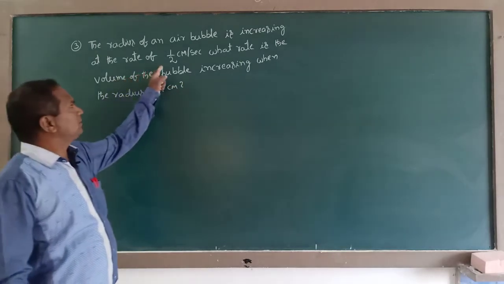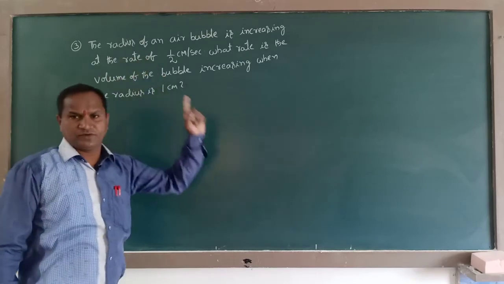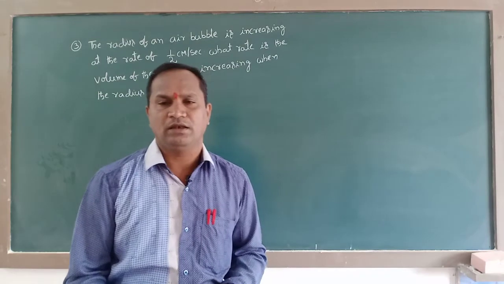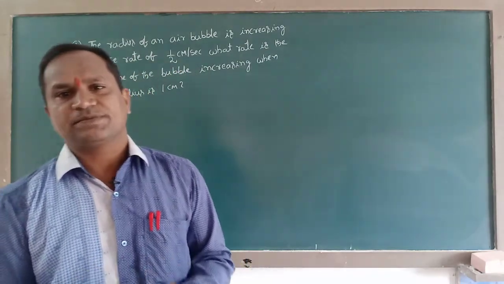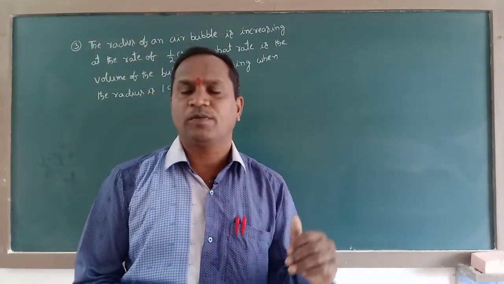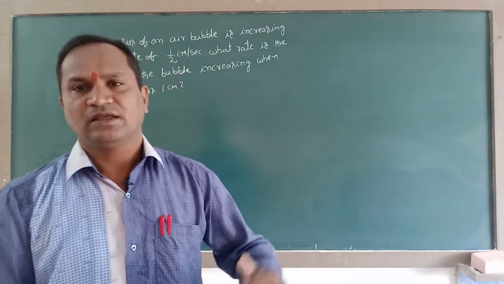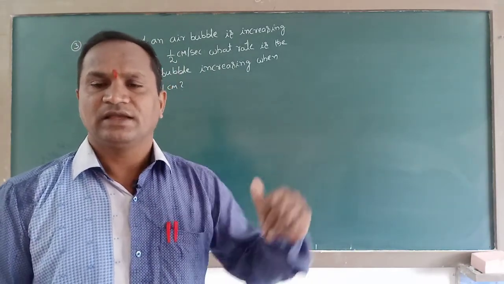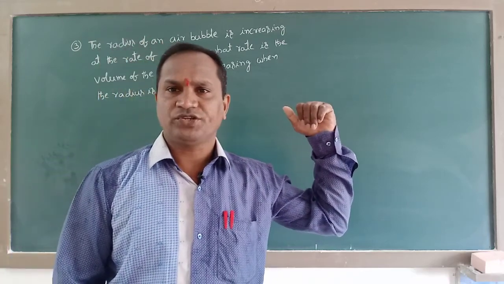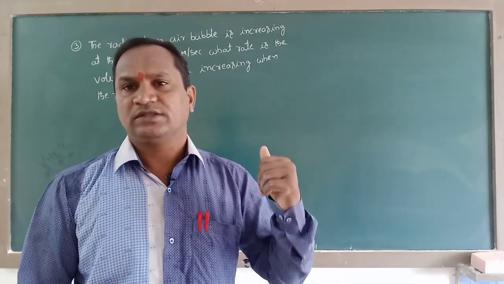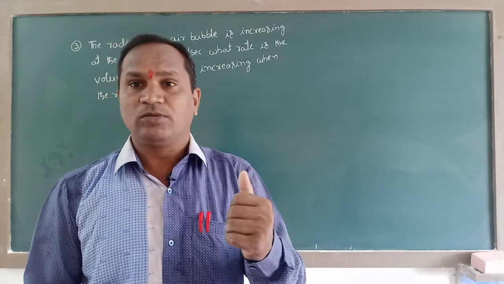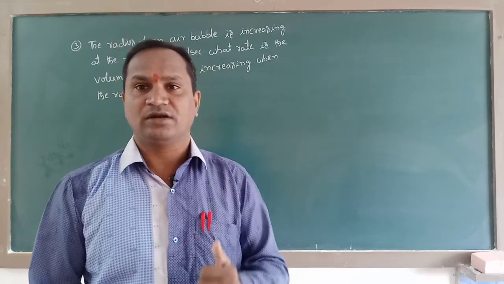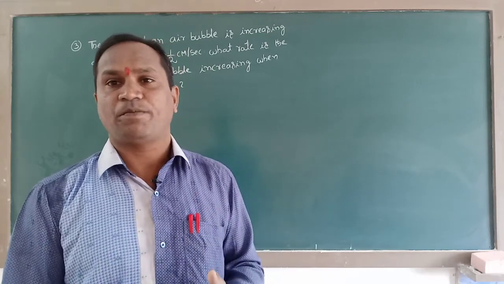They gave the rate of change of radius for the air bubble. An air bubble is nothing but a sphere, so here we have to apply the formulas of a sphere. They gave a question on the volume of a sphere, so we need the volume of sphere formula: V is equal to 4/3 pi x cube.